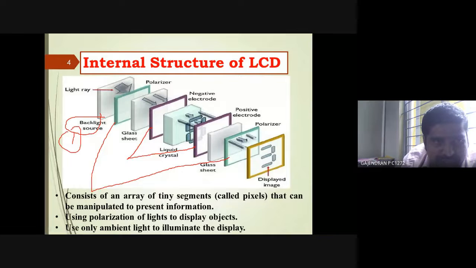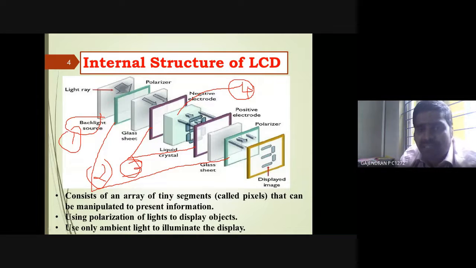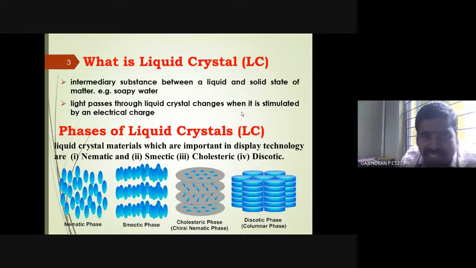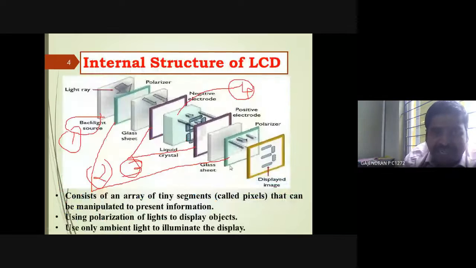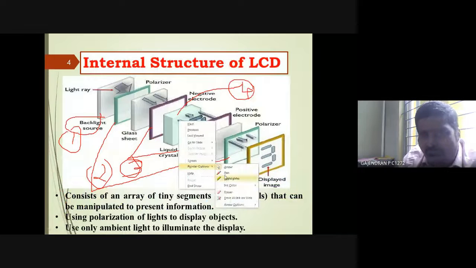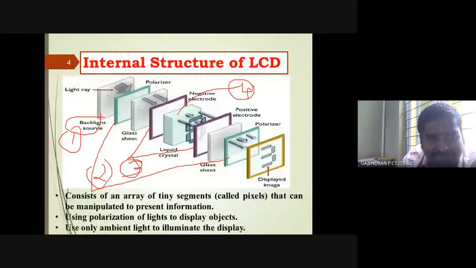The fourth one is the liquid crystal. Okay, sir? Then how will it penetrate? It will give light. It will pass through the polarizer. Then you have one glass sheet.